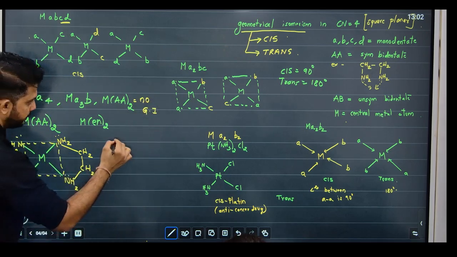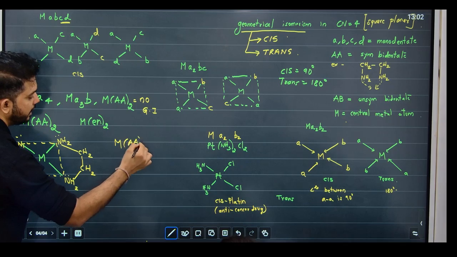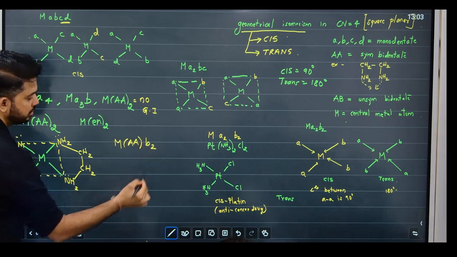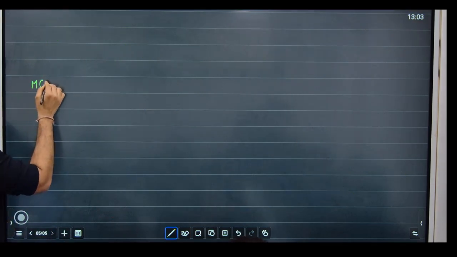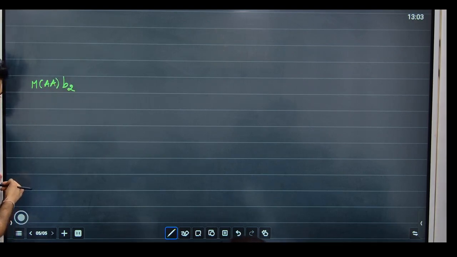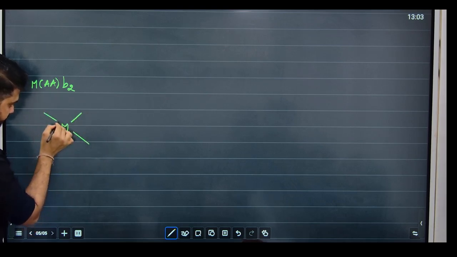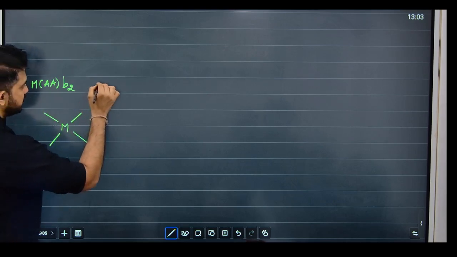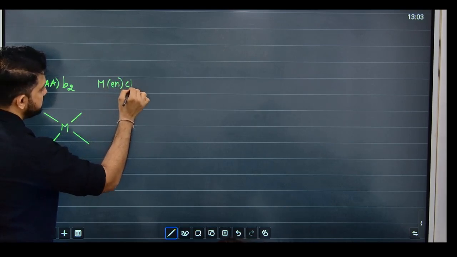What about M A B2? How will you make M A B2? कोई भी example ले लेते हैं. Let's say M en Cl2.